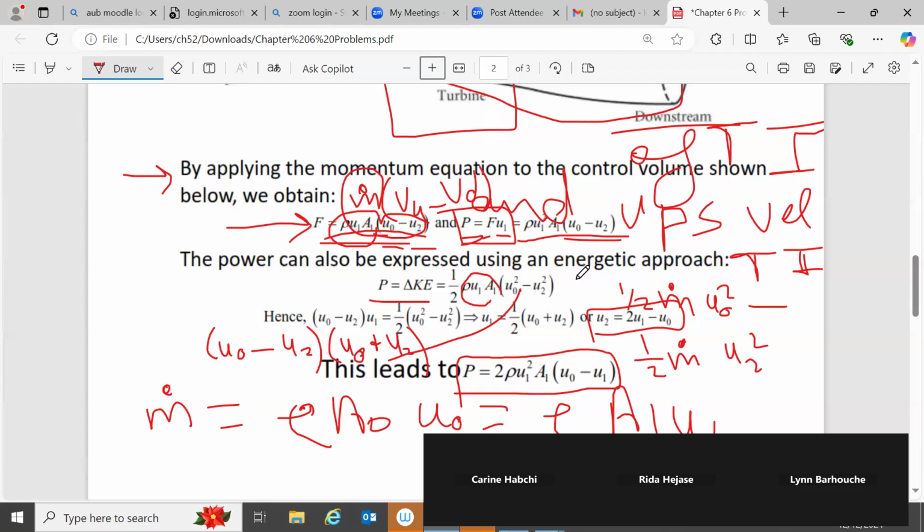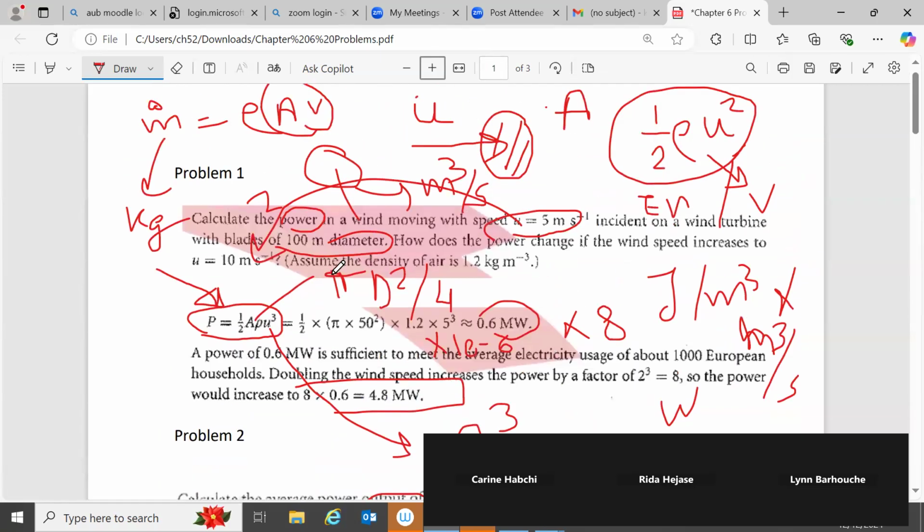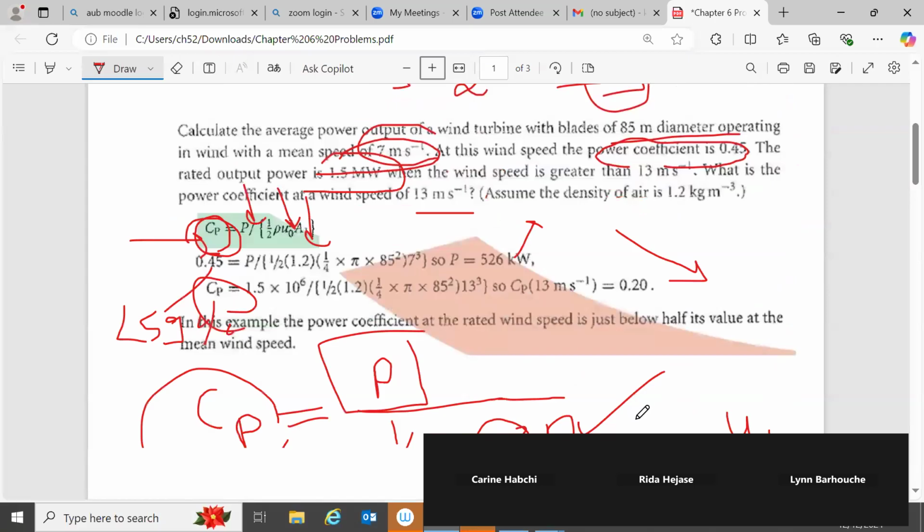Okay. Look here to understand it better. Whenever you know the velocity at this section, you know this velocity. And in the problem that we are doing now, you don't know what is U1. But U1 can be related to the other velocities. No, it's not simply equal to the average, but you can relate them through the following relation.